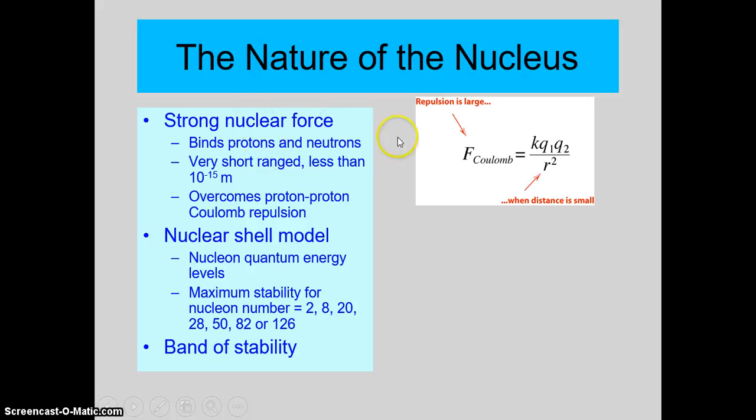I mean, you have two protons that are positively charged, for example in the element helium, and they don't want to be next to each other because they're both positively charged and really close, so the force of repulsion is really, really strong. And then you get to atoms like uranium, which has 92 protons, and they really don't want to be next to each other.